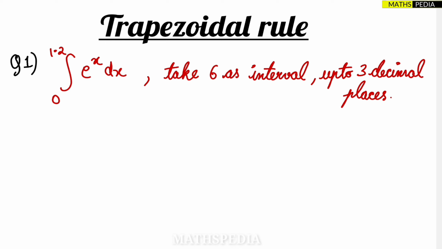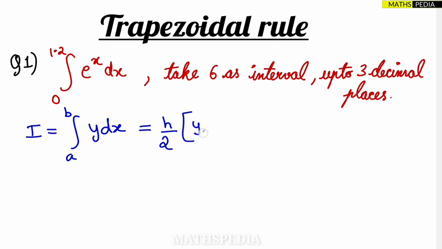Whenever they give an integration, suppose it is the integral from a to b of y dx, which you have to integrate. The formula for the trapezoidal rule is h by 2 into the first term plus the last term, plus 2 times the terms in between.